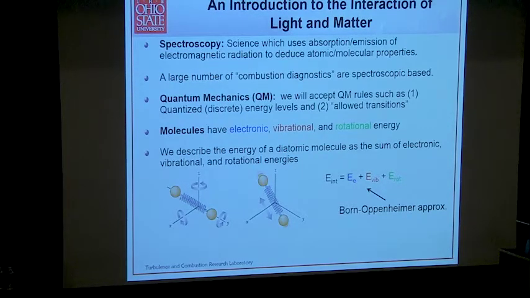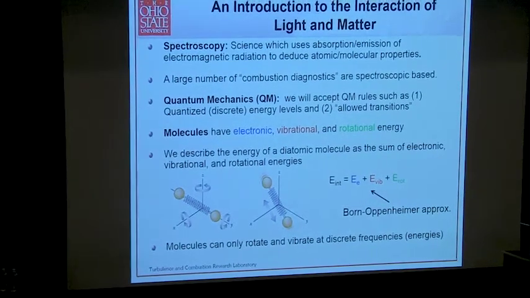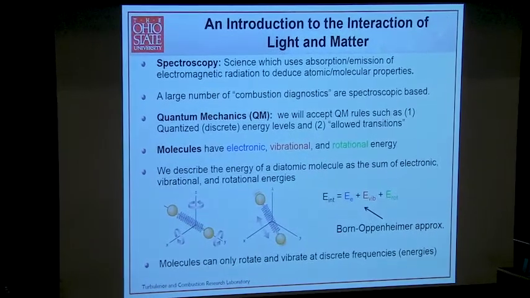Okay. And so moving from that, since we're accepting that there's quantized energy levels, we know that molecules can only rotate and vibrate at discrete frequencies. And the frequencies, these are just energies. Okay? So all of these we're going to accept as the basis for how we work through our basic spectroscopy.